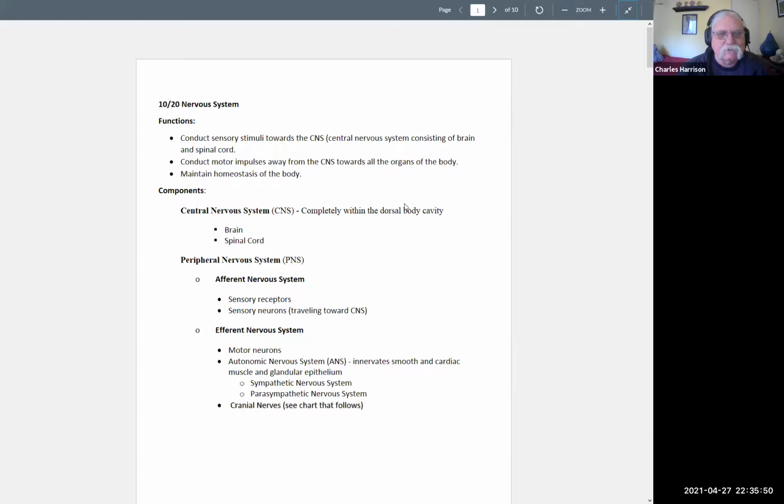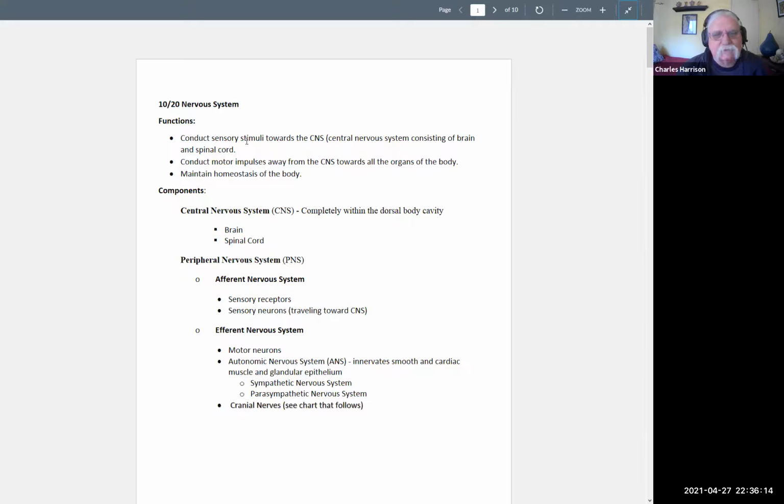Okay, functions of the nervous system: conducting stimuli towards the central nervous system, conducting motor impulses away from the central nervous system, and maintaining homeostasis. When we say conduct sensory stimuli, that means sensations, obviously.